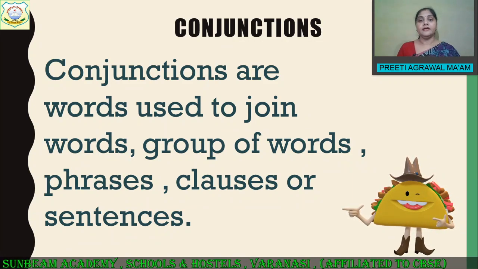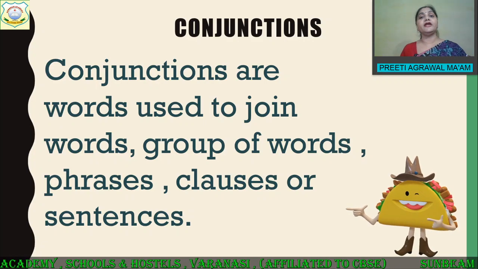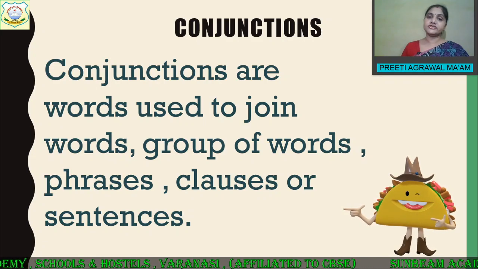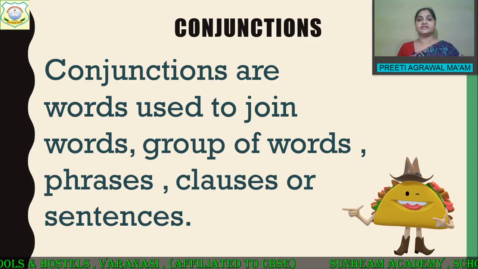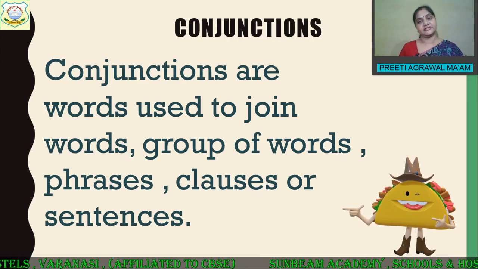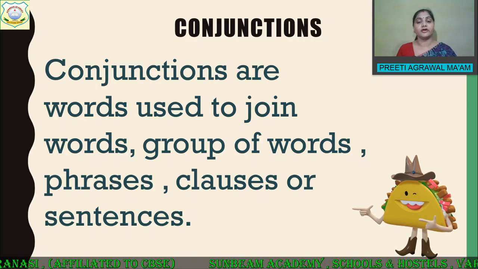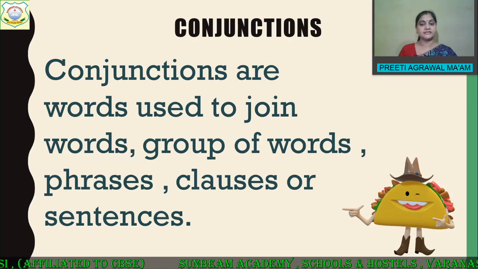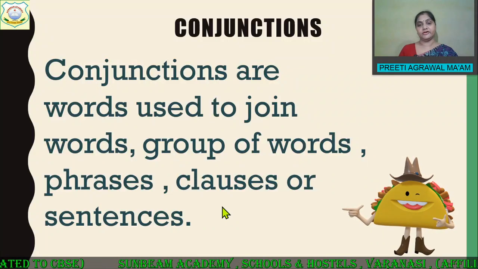It means that conjunctions and sentence linkers are not two different topics. Almost they are the same. But you should know the slight difference between them. So what is the slight difference? That in conjunction you can not only join the sentences but all these things which I have given you.